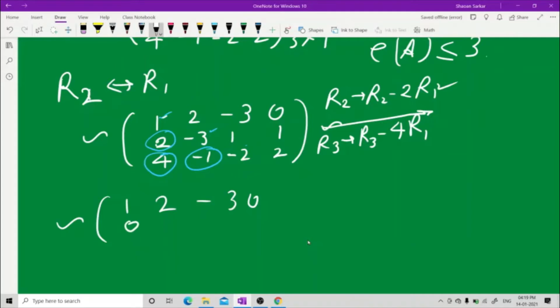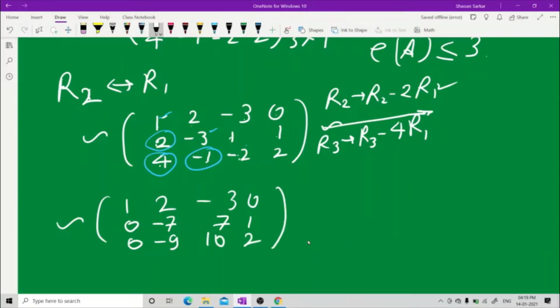Minus 3, minus 4 is minus 7. And then 1 plus 6 is 7. And 1 minus 0 is 1. Now 4 minus 4 is 0. Minus 1, minus 8, is minus 9. And then you have minus 2, plus 12, that is 10, and 2 minus 0 is 2.